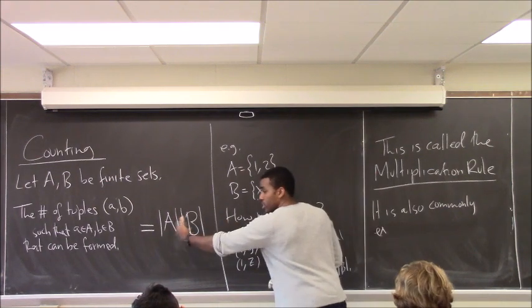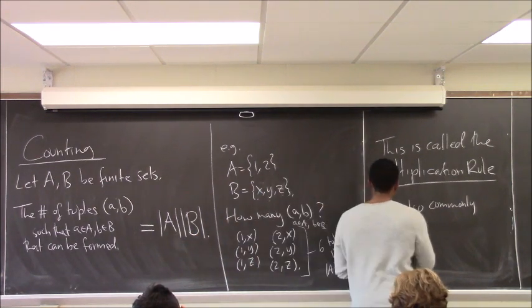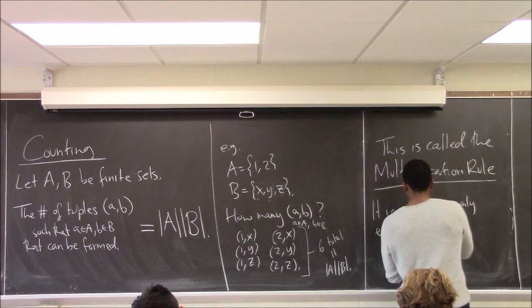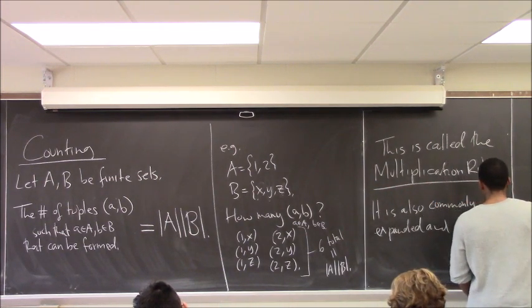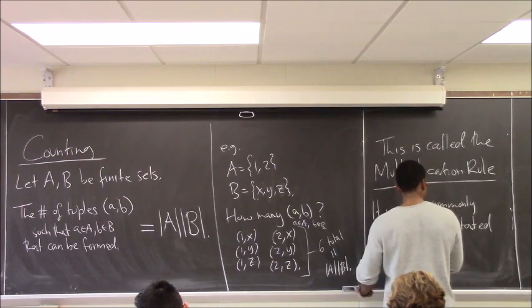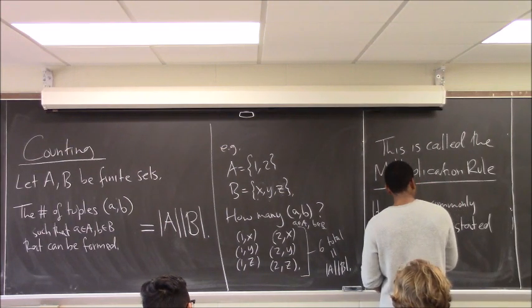You could have 3 coordinates, 4 coordinates, and you just keep multiplying. So if you've seen probability in high school, chances are this is how they told you the multiplication rule was.